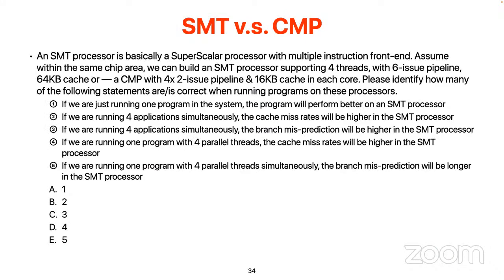So if you look at the question, what I'm trying to do is give you a comparable architecture. For SMT, we can support 4 threads, with a 6 issue pipeline, right? And for CMP, I'm giving you a better deal: 4 threads, and each is a 2 issue pipeline. So for CMP, it's pretty much like 6 ALUs concurrently.